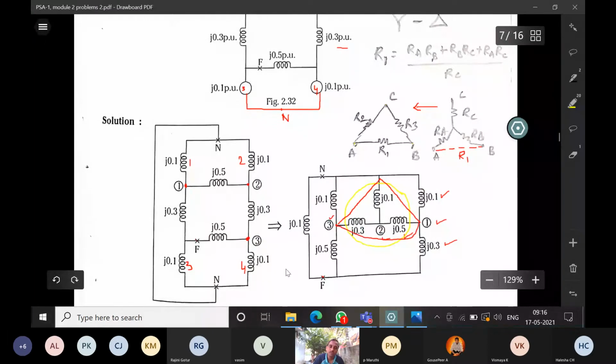I want delta, so delta connection here, here, here.